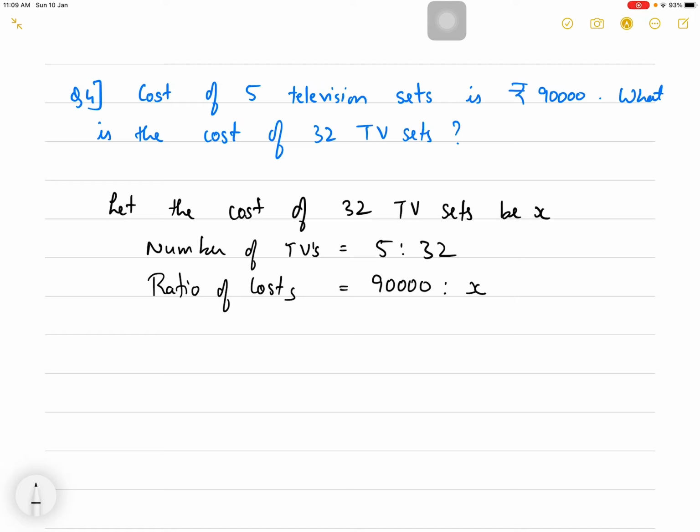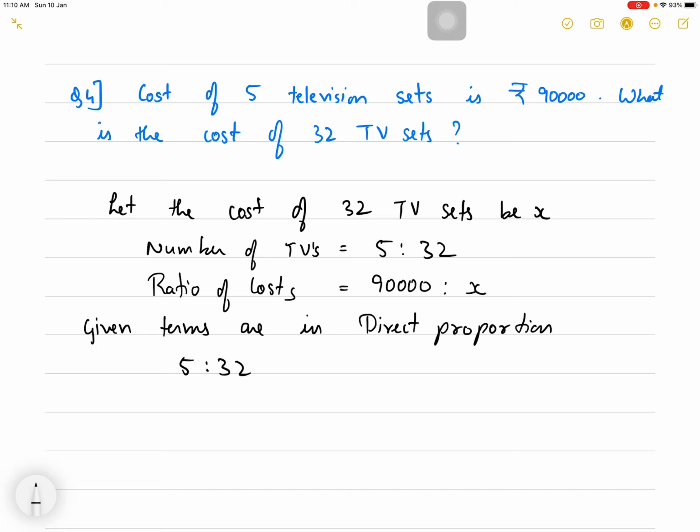Okay, so this is a direct proportion. When the number of television sets increases, the cost will also increase, right? I'll just write the given terms are in direct proportion.